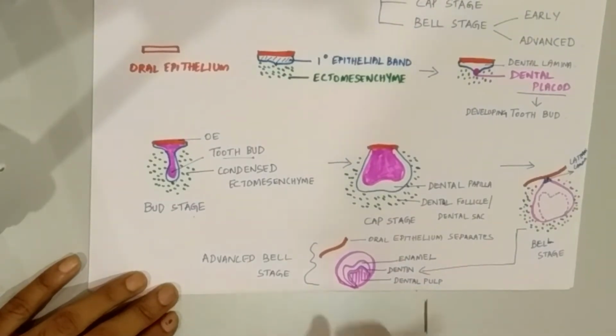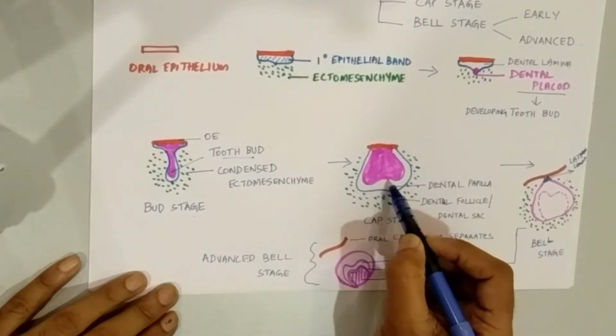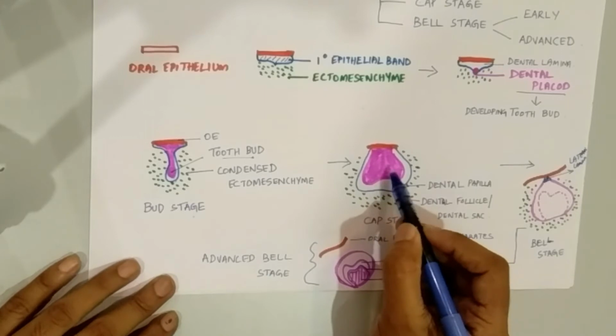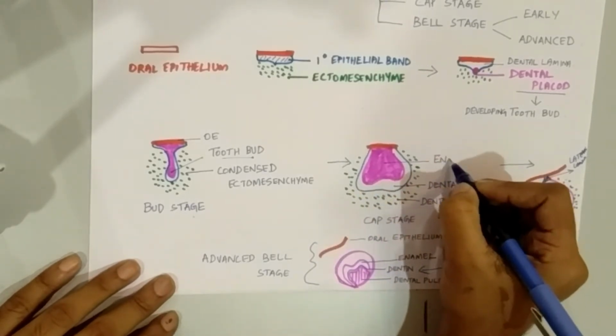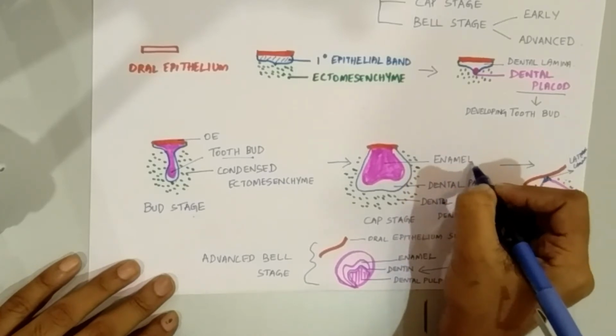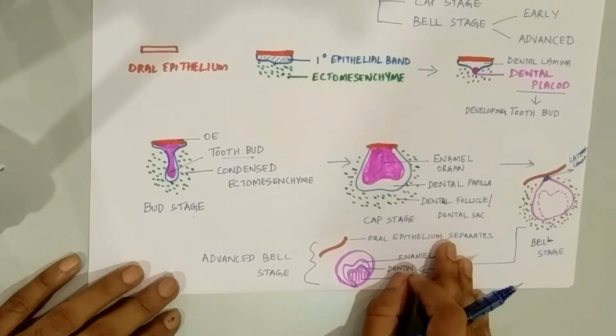As the tooth bud grows larger, the epithelial outgrowth superficially resembles a cap sitting on a ball of condensed ectomesenchyme, which is called the dental organ or enamel organ, because it eventually forms the enamel of the tooth.